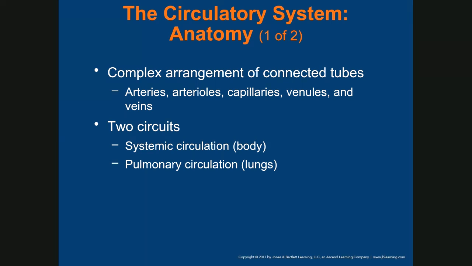The pulmonary arteries carry deoxygenated blood to the lungs. All the other arteries carry oxygenated blood. The other thing that you need to remember about your arteries is that arteries are high pressure vessels.